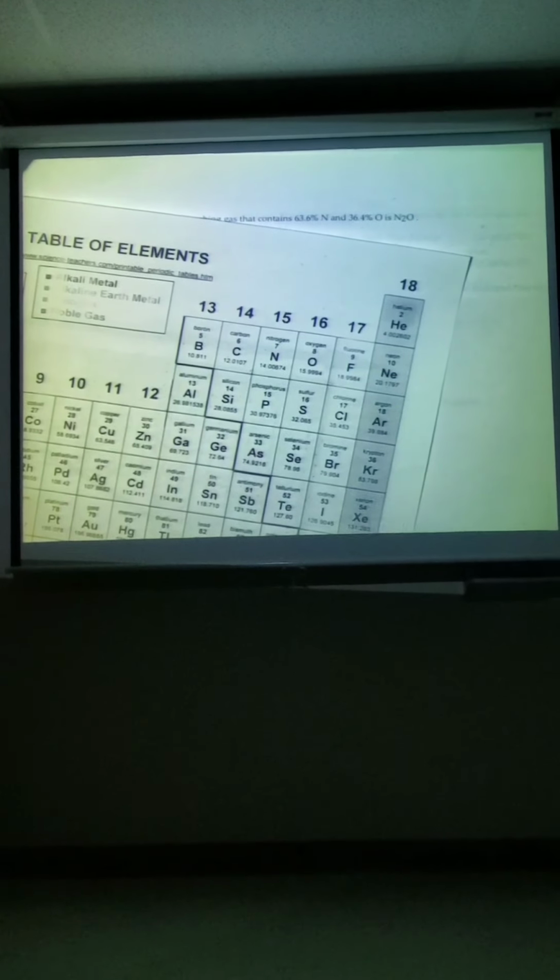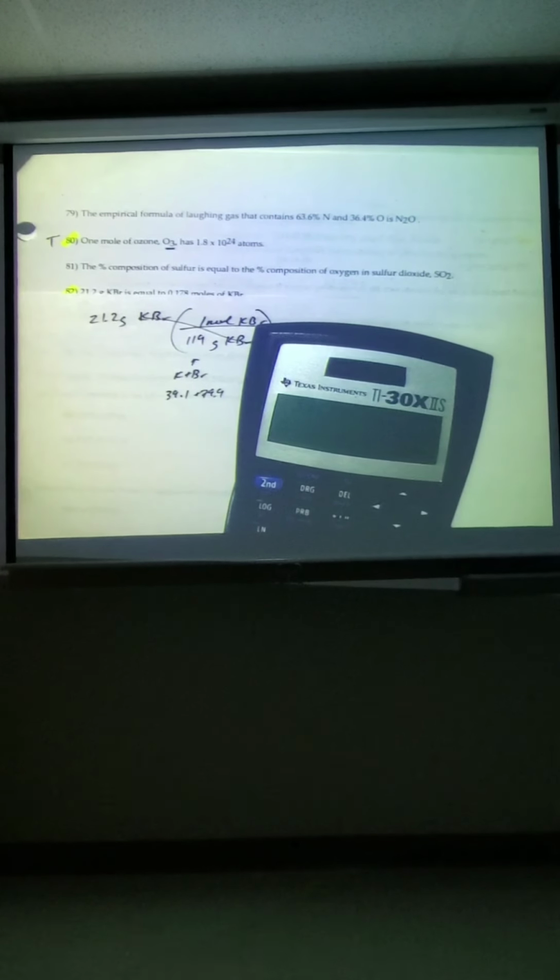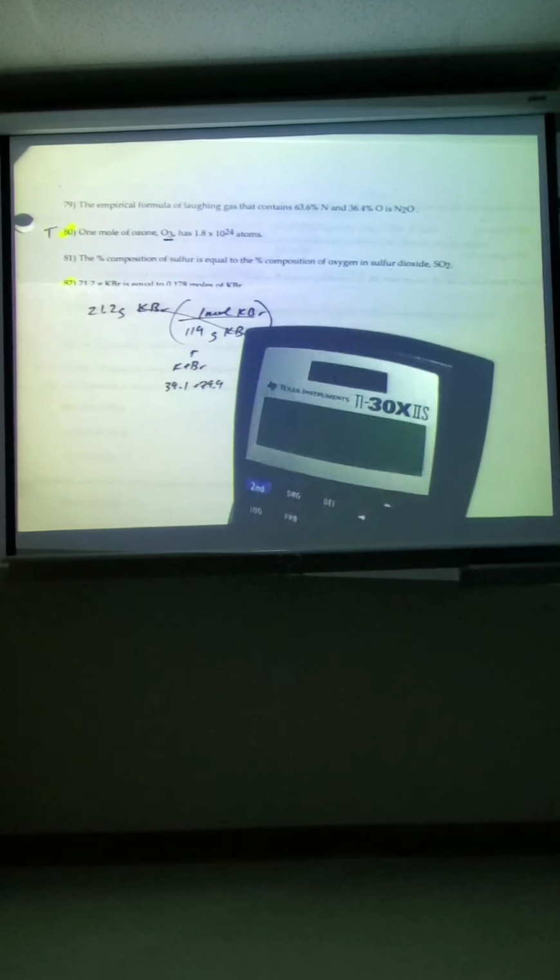Potassium on the periodic table is 39.1. Bromine is 79.9. So 39.1 plus 79.9, 119. And then now we divide 21.2 divided by 119, and we get 1.77, and that's pretty close. So true.